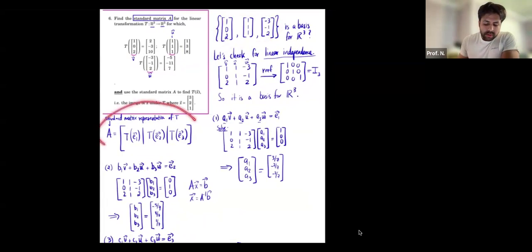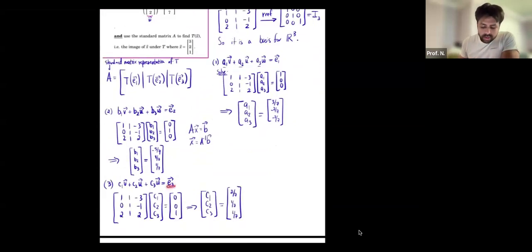I want to find a standard matrix representation of T, which requires me to know E1, E2, and E3 and their images. I don't have that at the moment. What I do have are the images of the other basis. So guess what I should do? I should rewrite E1 in terms of the basis vectors. I should rewrite E2 in terms of the other basis. And I should write E3 in terms of that basis as well.